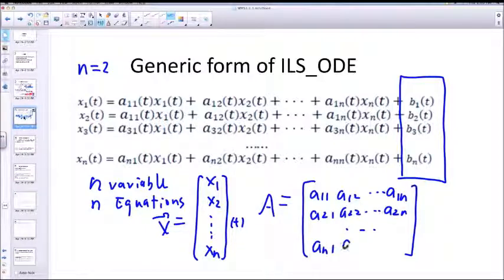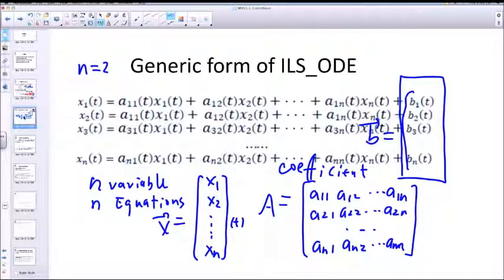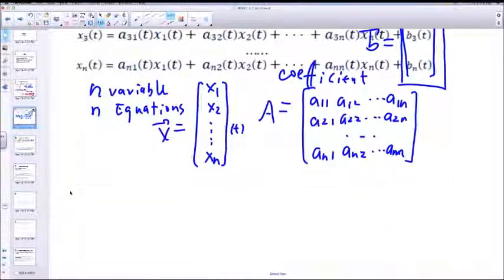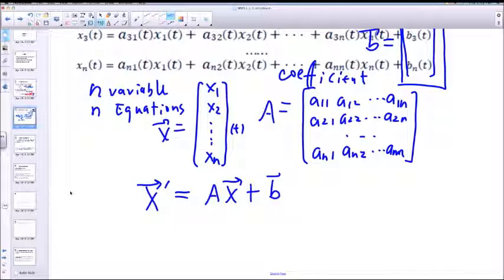And the AN1, that's a square matrix, ANN, we call this the coefficient matrix. And then this B equals this vector here. And then your system looks exactly the same as the previous one. X derivative equals A times X plus B. And those are functions of t.